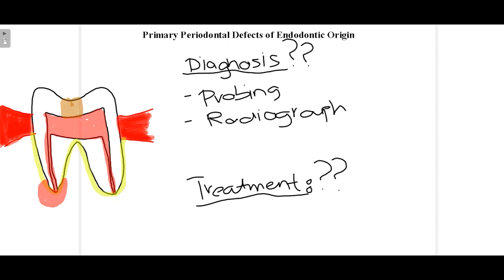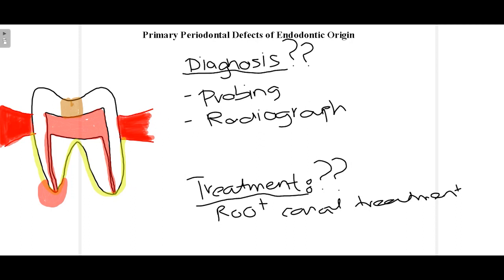Now how will you treat it? The first and foremost important thing is to perform root canal treatment in order to resolve the endodontic lesion. When you perform the root canal treatment, the endodontic lesion will automatically resolve, the bacterial load will decrease, and the bacteria in the periodontium will also decrease.